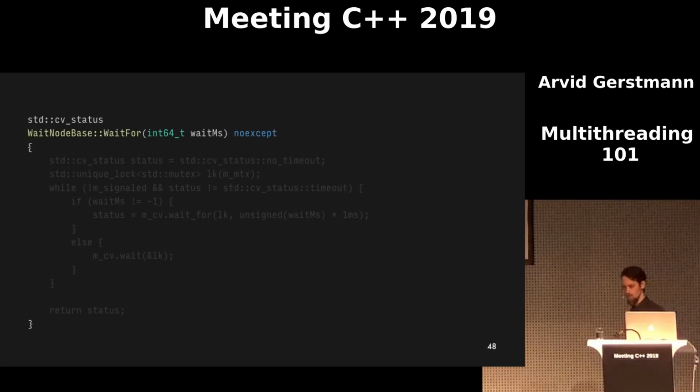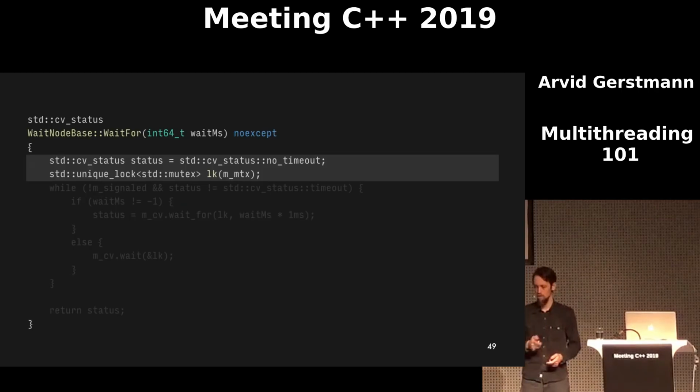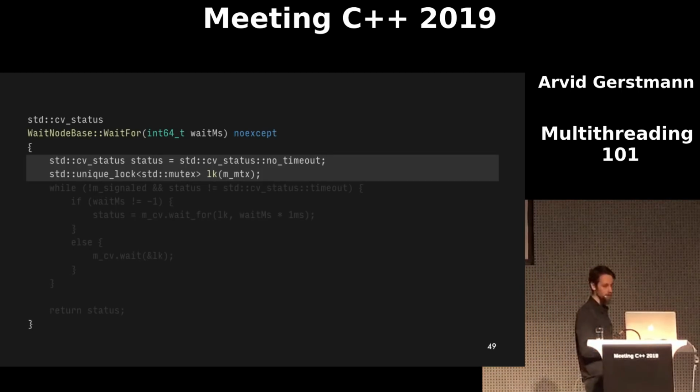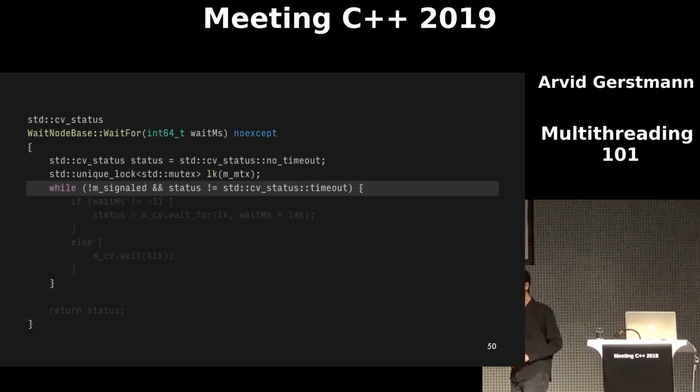So let's have a look how this actually looks like in practice. This is the wait for function of our wait node base. We are creating a unique lock for our mutex and locking our mutex. Then we are creating a loop. This is the while loop where we are staying in. We are looping as long as the signal is false, we have not been signaled. This is the shared variable.